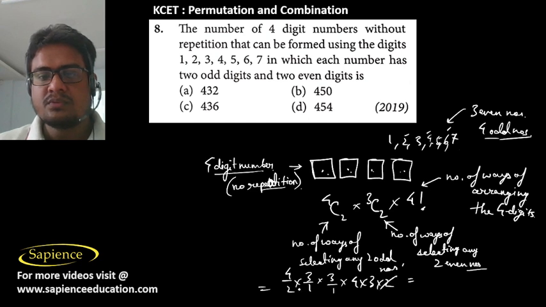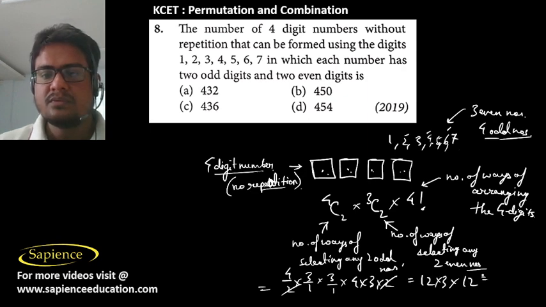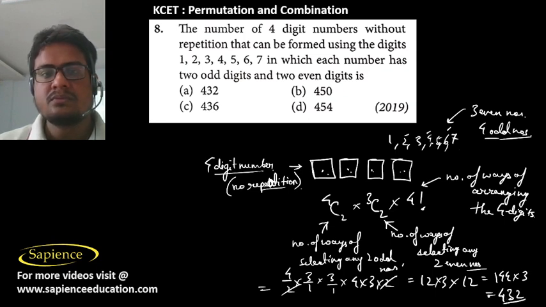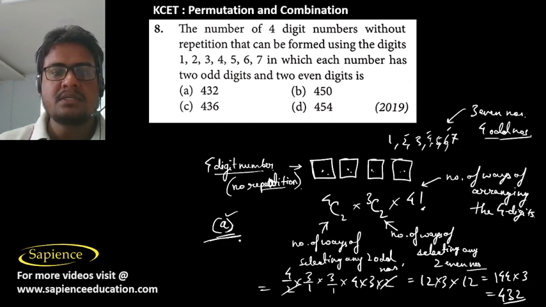So 2 2s are 4, 2 and 2 will cancel, and 4 3s are 12, 12 into 3 into 4 3s are 12. So 12 12s are 144, 144 into 3, that is 432. So that is option A. So option A is the correct answer.